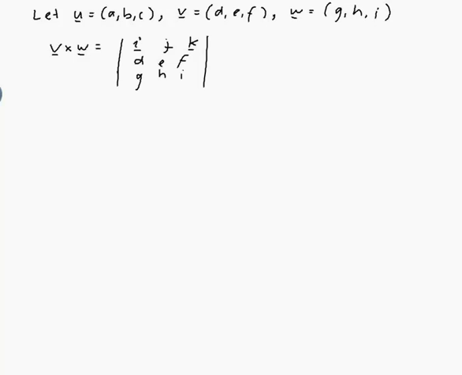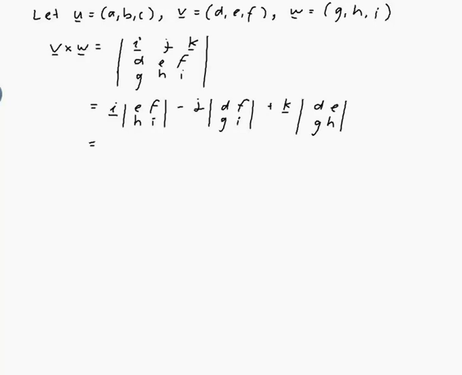Alright, well that's i times this determinant minus j times this determinant plus k times this determinant which is this vector: e, f, h, i, minus d, f, g, i, and d, e, g, h.